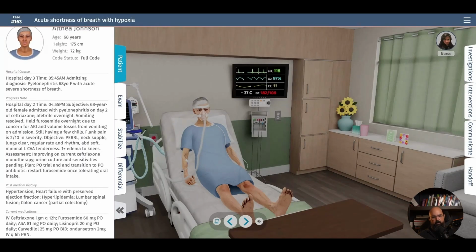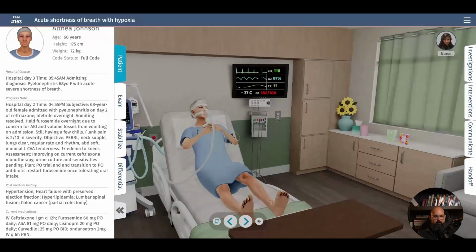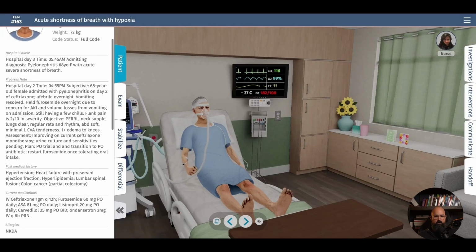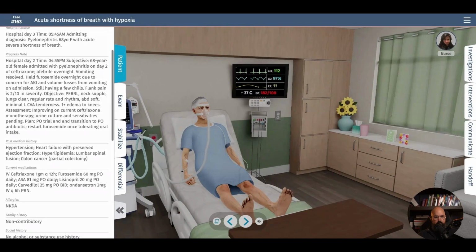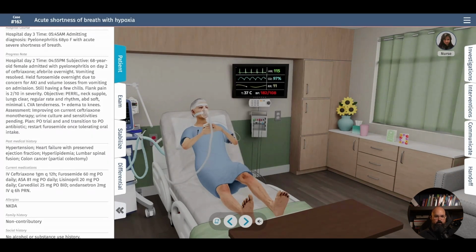So let's read through. Hospital day 3, time 05:45. Admitting diagnosis pyelonephritis. 68-year-old female with acute severe shortness of breath. Okay, that's the reason for rapid response, right? The progress note, I'm just scanning through it because a lot of it's what I've already read, but it also notes at the bottom, PO trial today, transition to PO antibiotic, restart furosemide once tolerating oral intake.